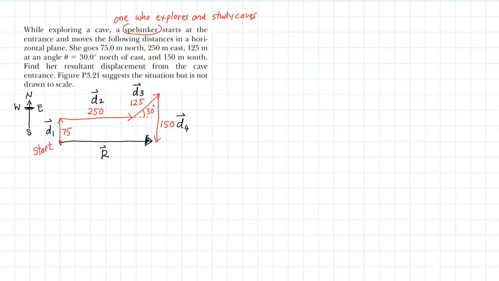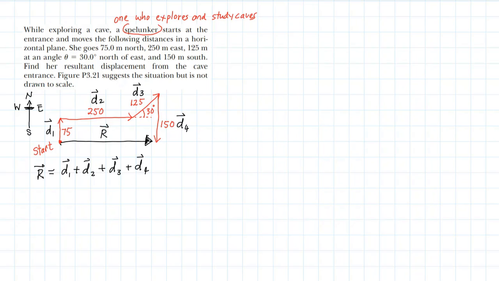We label the displacement vectors of her journey from start to end. D1 is displacement vector number 1, D2 displacement vector number 2, D3, and then finally D4. So the resultant displacement vector R is equal to the sum of all displacement vectors, D1 plus D2 plus D3 plus D4.